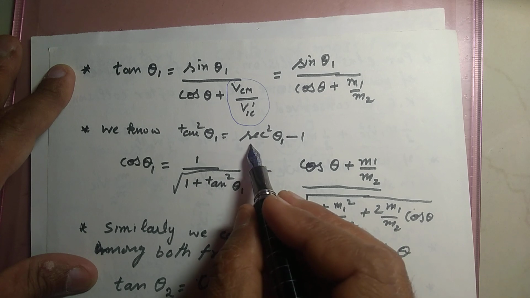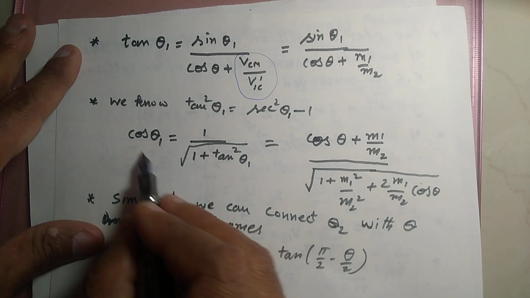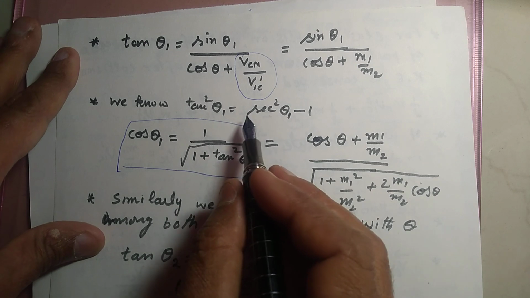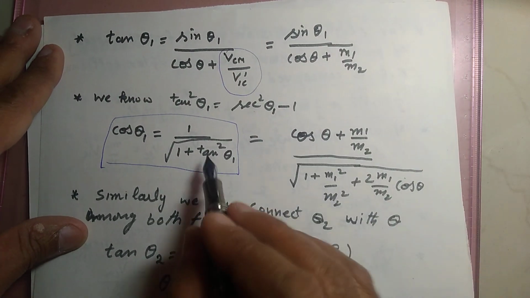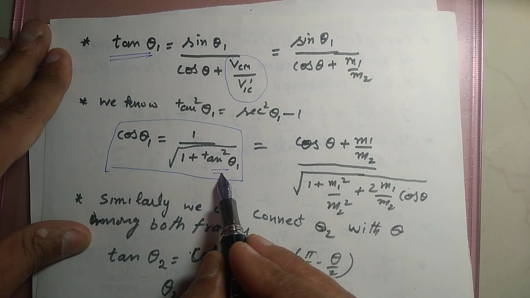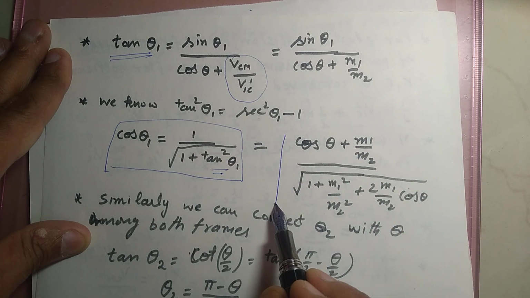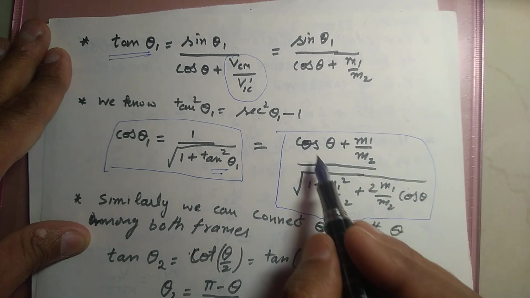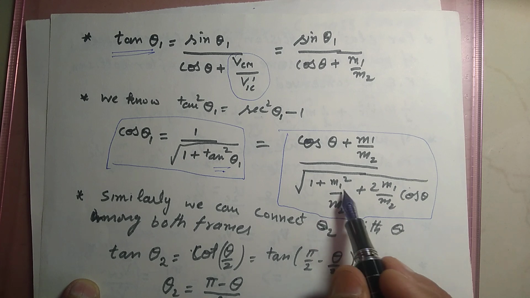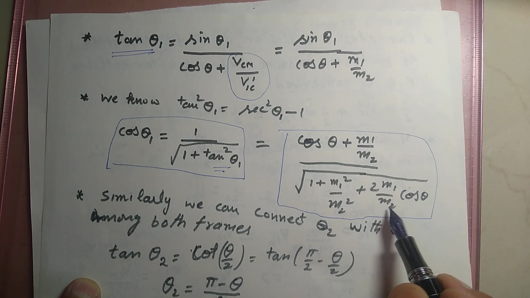So I write this in terms of cos theta, and on rearranging we get this expression, which is in terms of 1 plus tan square theta. This is simply the trigonometric relation, nothing else. We know the value of tan theta 1, and on substituting it here, I get an expression: cos theta plus m1 divided by m2, over the square root of 1 plus m1 squared divided by m2 squared plus 2 m1 divided by m2 cos theta.